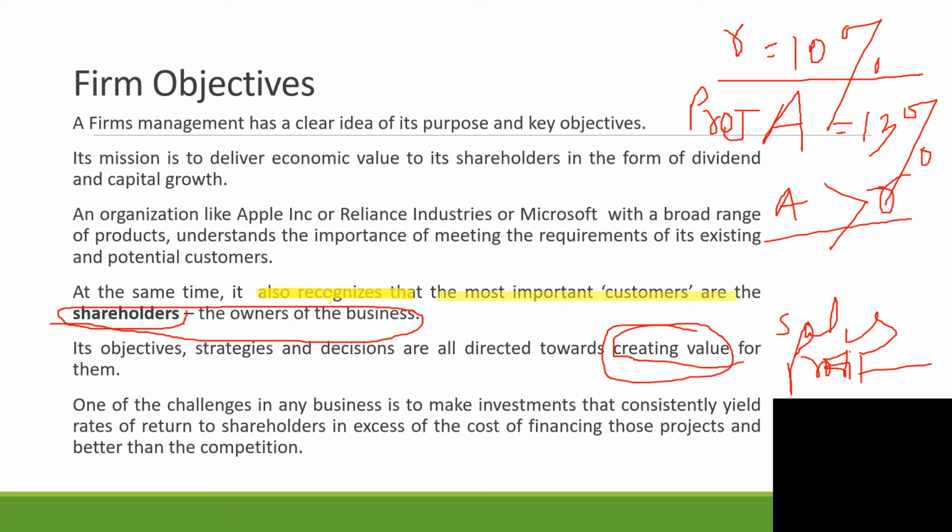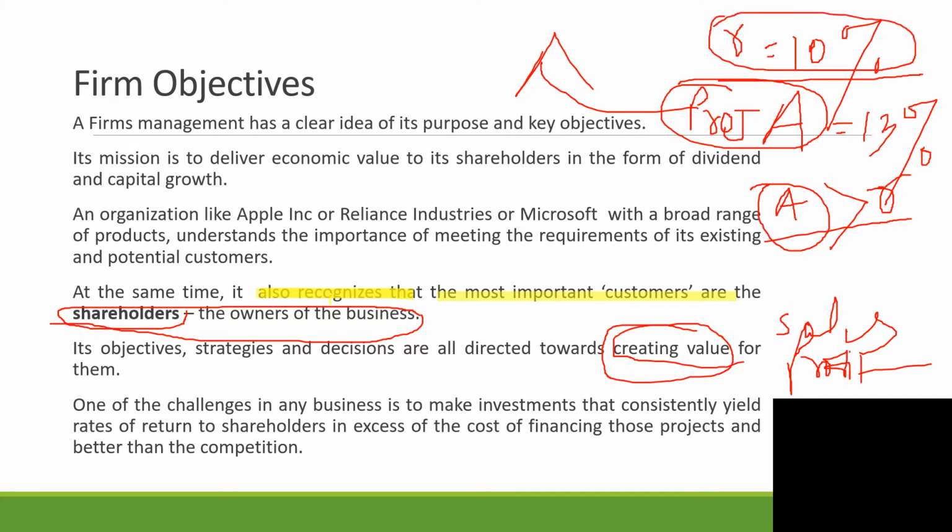So this means more profits, more value can be created for the firm's shareholders. So the primary objective of the board of directors is to find such projects whose returns, whose yields, are greater than market returns.